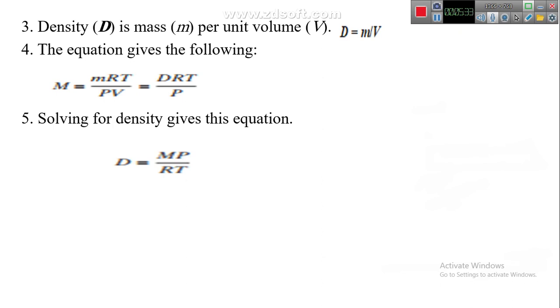R is a constant, it is fixed, but density is directly proportional to molar mass and pressure, and inversely proportional to Kelvin temperature.